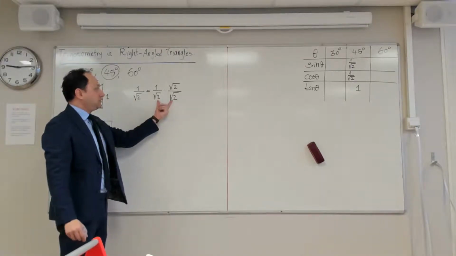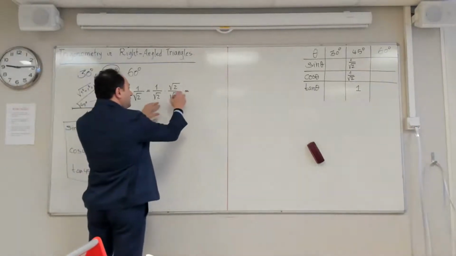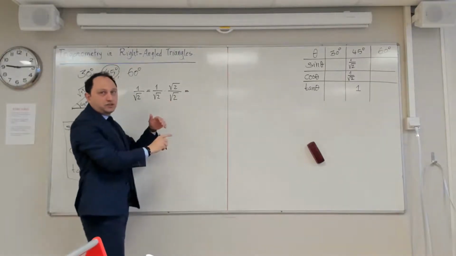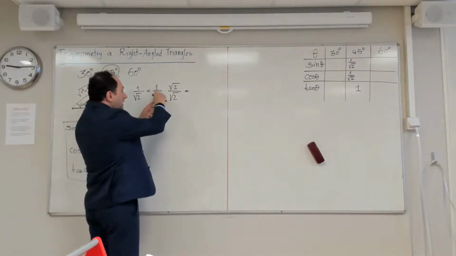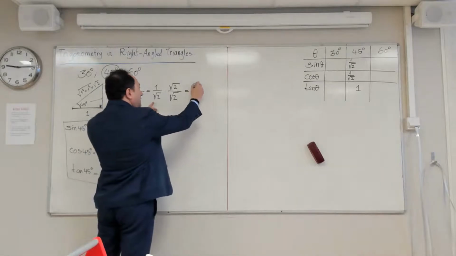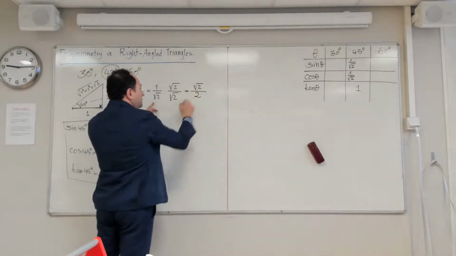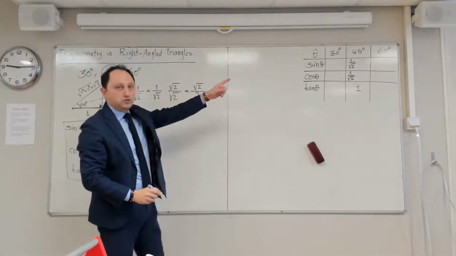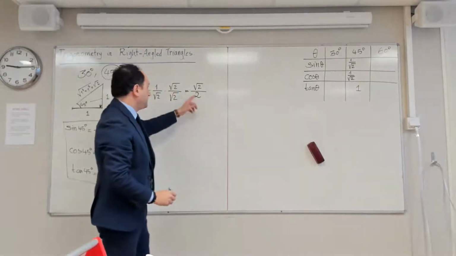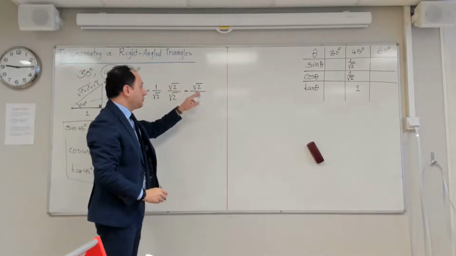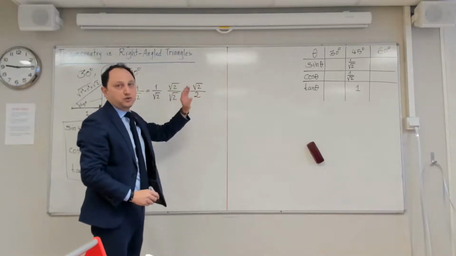What is the benefit of doing that? Usually people prefer not to have surds in the denominator. When I multiply, the numerator becomes square root of 2, and the square root of 2 times square root of 2 is 2. Some books prefer to write it in that way, some books prefer to write it in this way, but it is crucial to immediately realize that these two are the same.